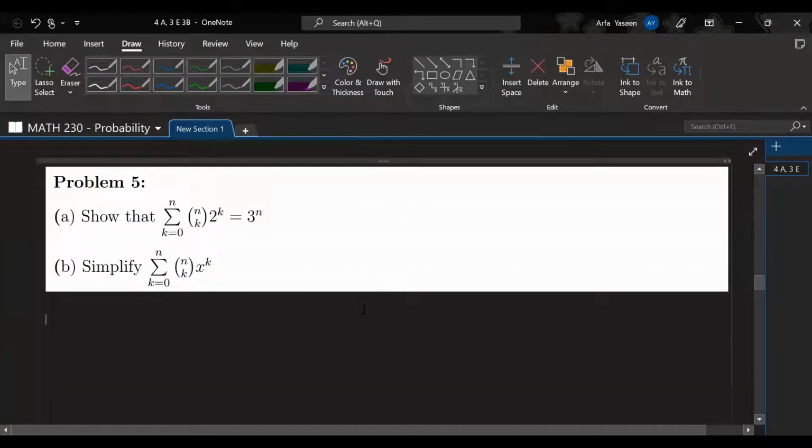In problem 5 I'll do part A, and part B is exactly like that. So you should be able to relate this with the binomial theorem formula, whose proof I think Sir did in lecture 3.